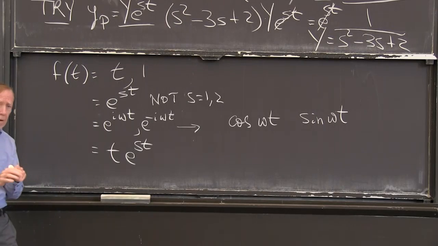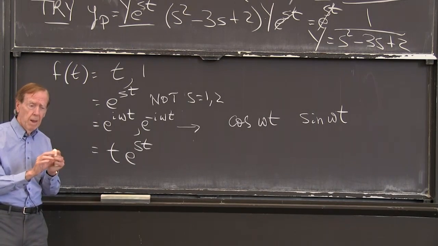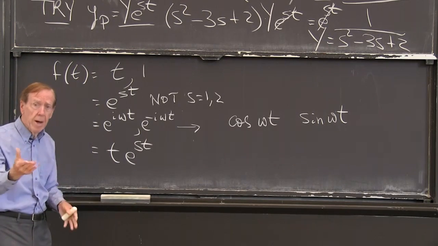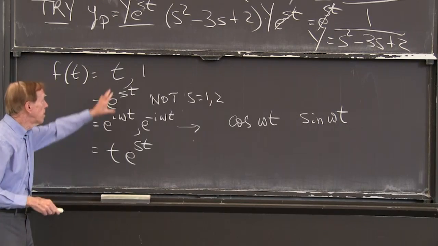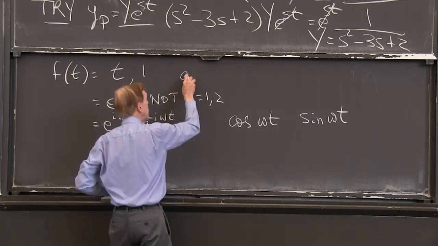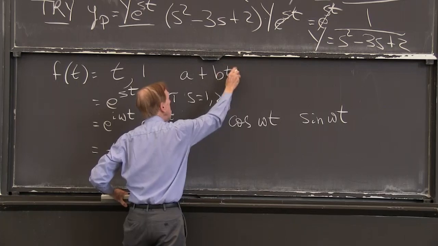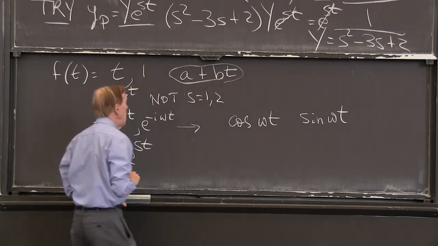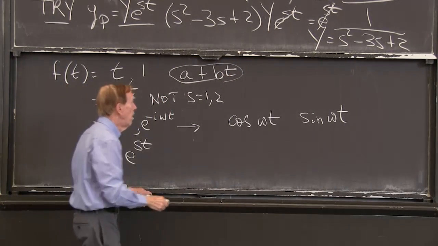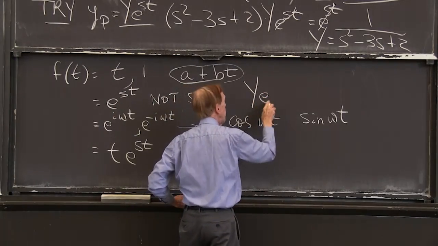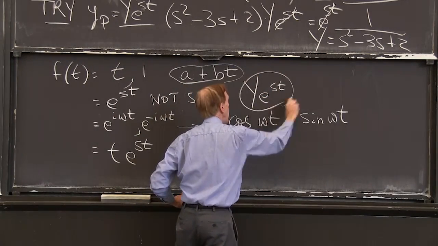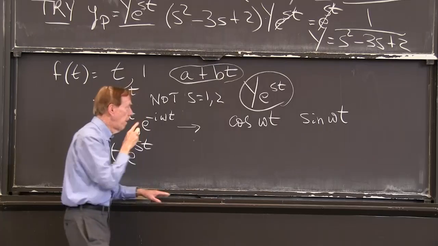The form will have undetermined coefficients. I'll substitute in the equation and I'll determine the coefficients. So here we saw a plus bt. That was good. That was the y. Here we saw y e to the st. That was good. Here, what will I have?